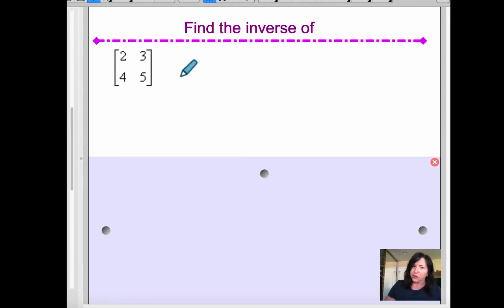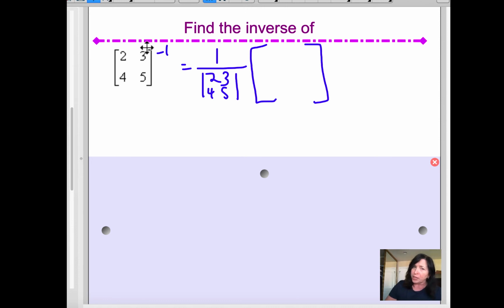Find the inverse. So again, in order to find the inverse of that, I'm going to go 1 over the determinant. Just rewrite 2, 3, 4, 5. And that's times its transpose, which is now going to be 5, 2, and then negative 3 and negative 4.